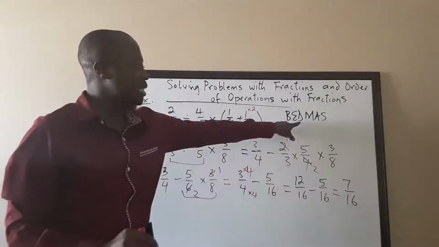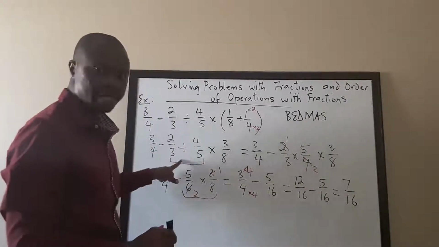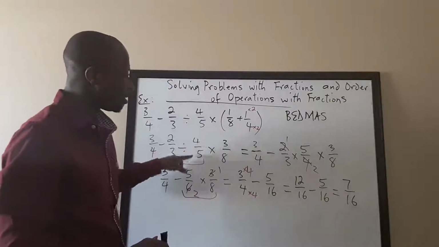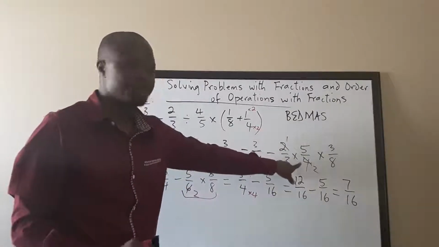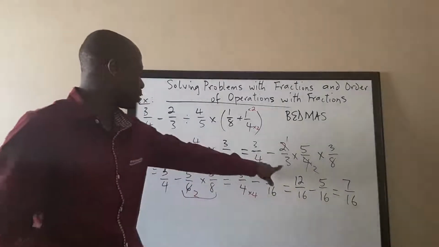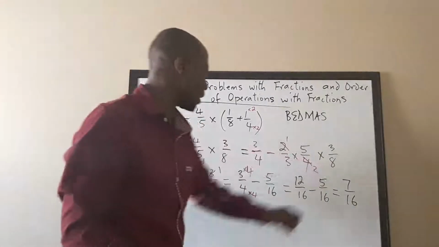The next one is division. So we're working through this. So we want to evaluate this. We do times, we flip 5 over 4. We write 3 over 4 minus 2 over 3 times 5 over 4 times 3 over 8.